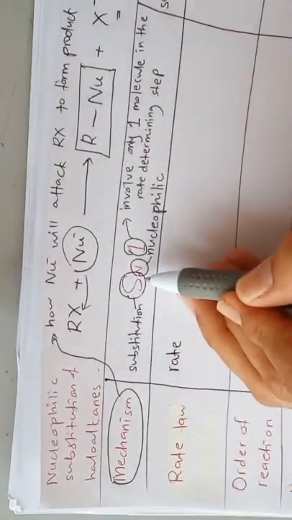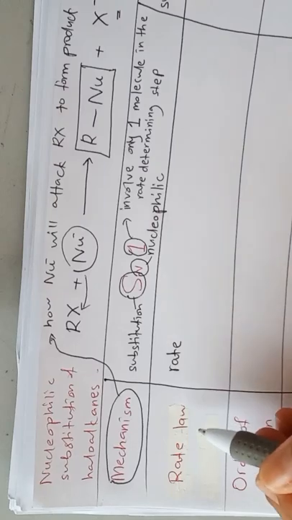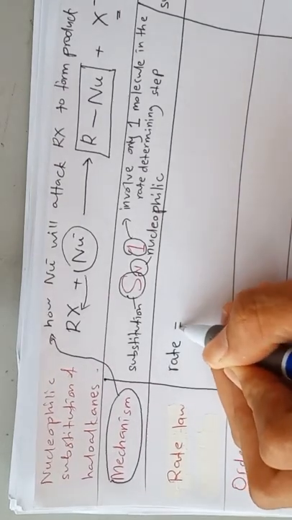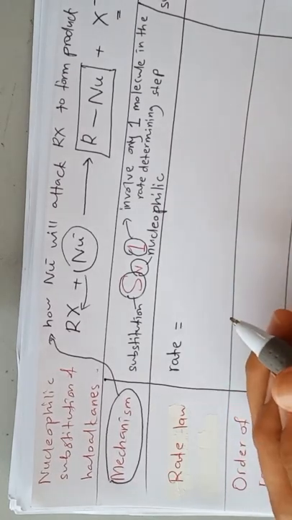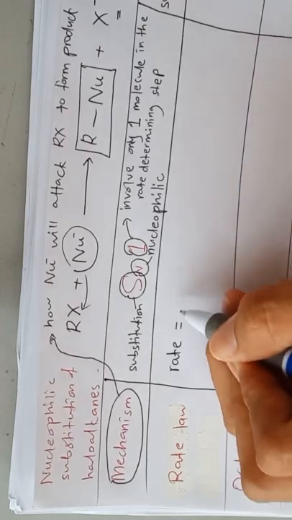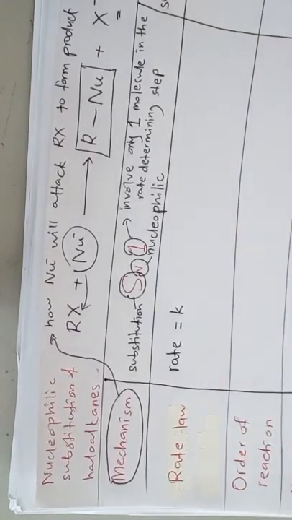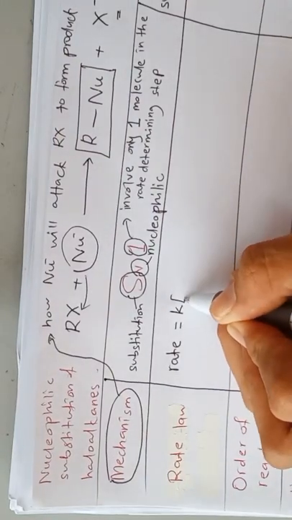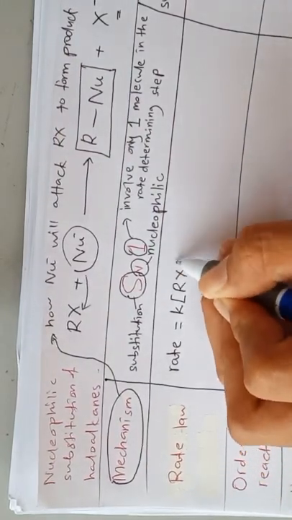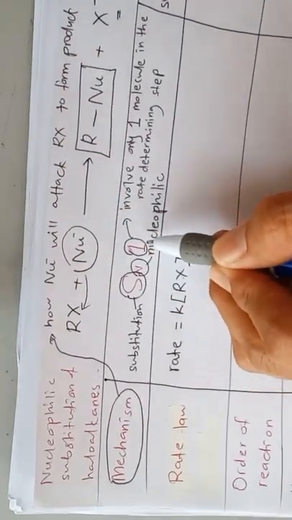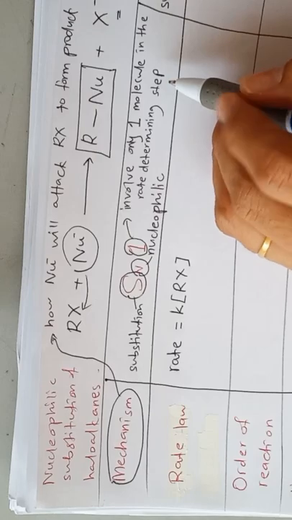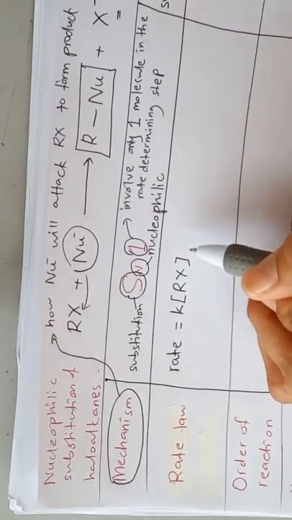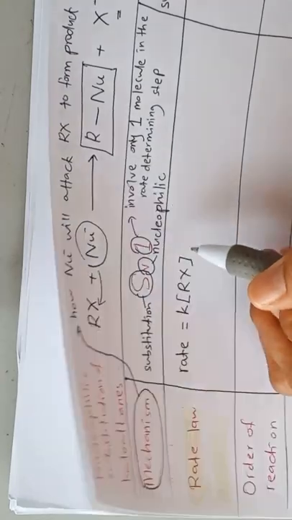However, for the SN1 reaction, the rate law, which we learned about last semester in the reaction rate topic, is rate equals k, the rate constant, times the concentration of the haloalkane only. Because in the SN1 mechanism, only one molecule is involved in the rate determining step, and that one molecule is the haloalkane.